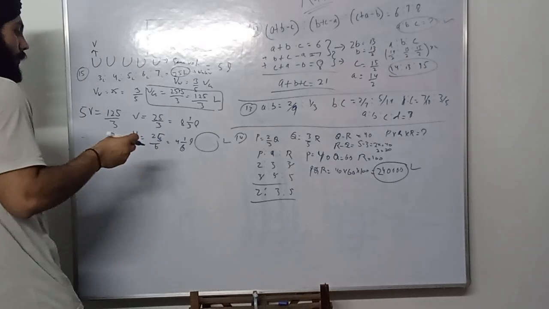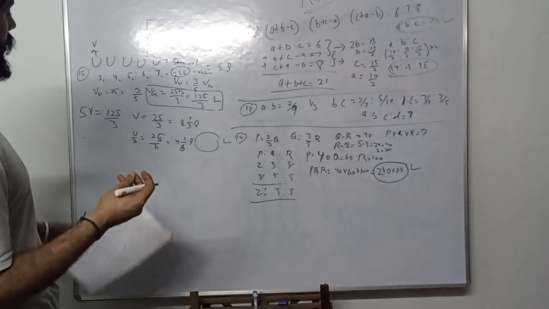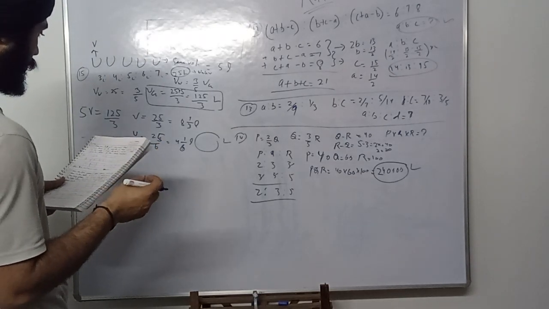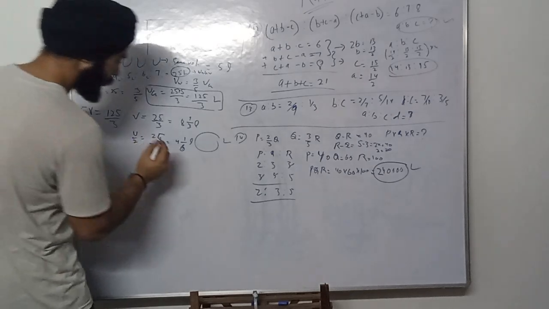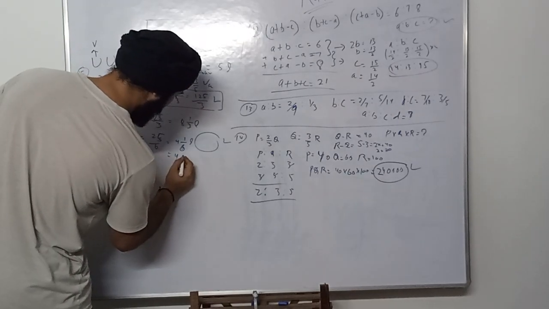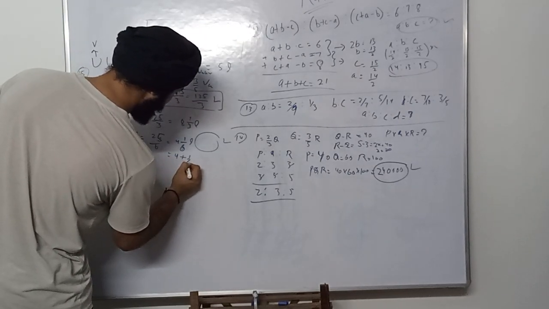This much at least we need. So its value is 4 plus 1 by 6 liter.